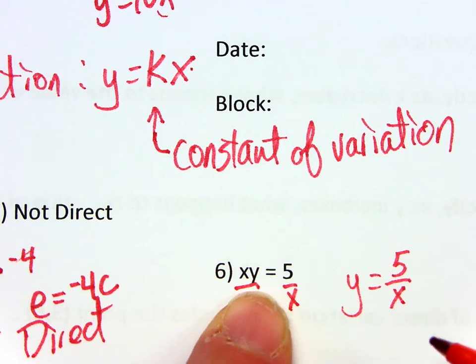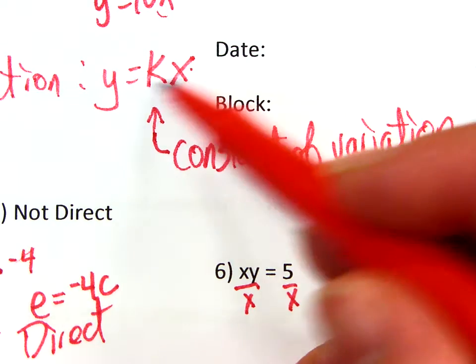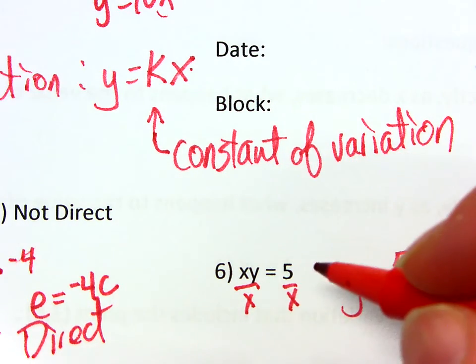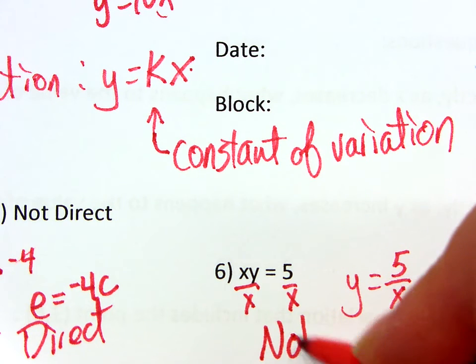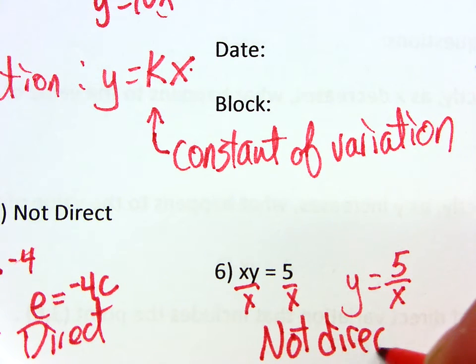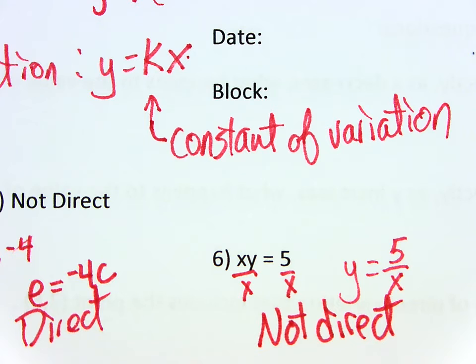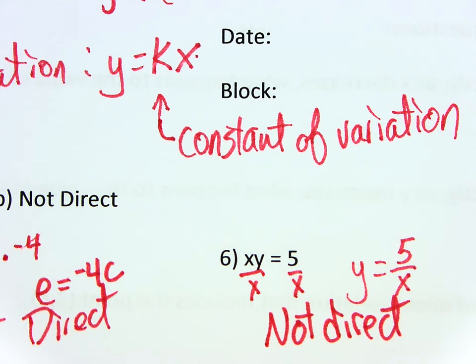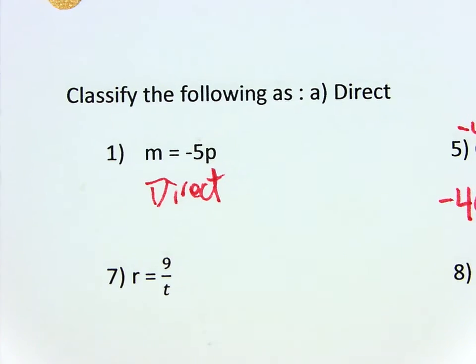No matter what I do, I try multiplying both sides by x, but I'm back to the original. I'm never going to be able to change this to that. So this one is not direct. It actually has another name that we'll learn at the end of the course. It's called inverse variation. We'll get there in a couple months.